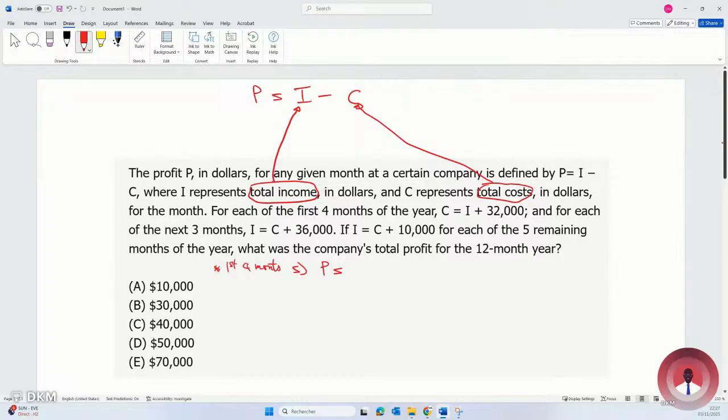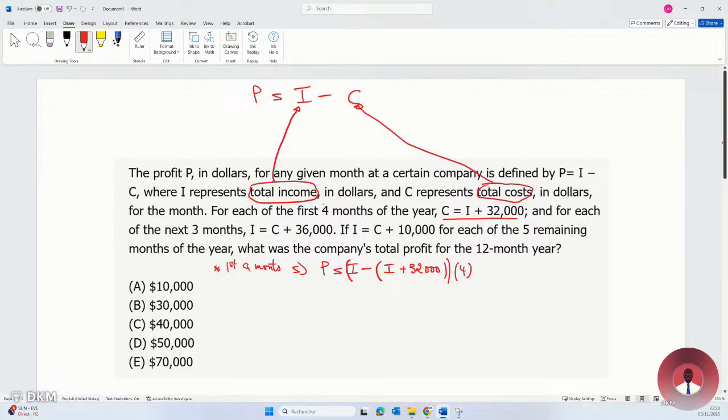The profit will be equal to, we have the value of C here. We replace C by this value in the formula P equals I minus C, so I minus, and we replace C by I plus 32,000. And it says 4 months, so all this will be multiplied by 4. So each month is going to have the same formula.